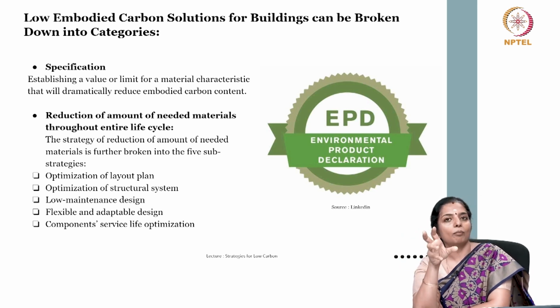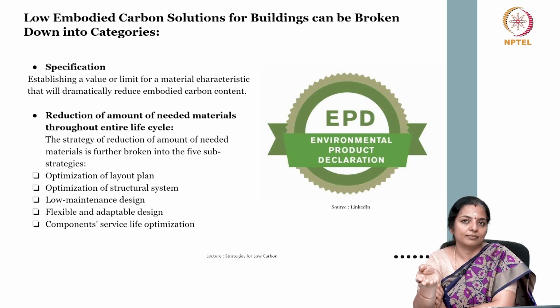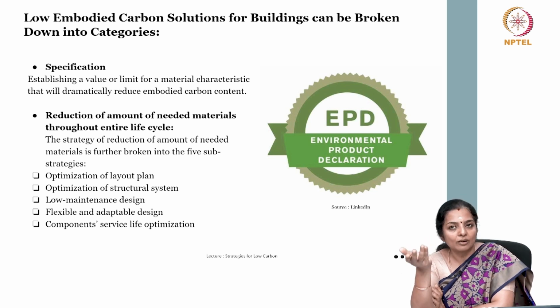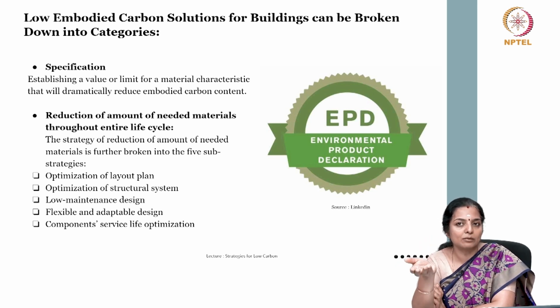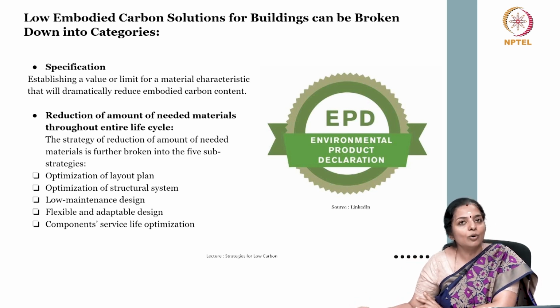So whatever component you use, it should have a longer life. And at the same time, it should also follow all of these, such as being low maintenance or being flexible and being adaptable. So all these will go a long way in having a low carbon house.